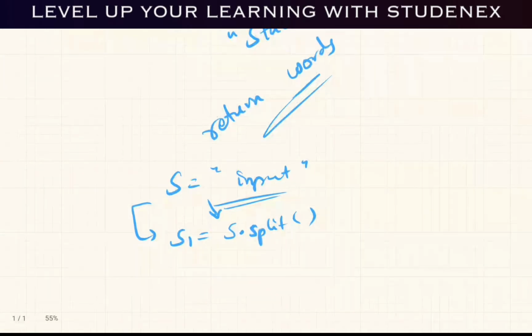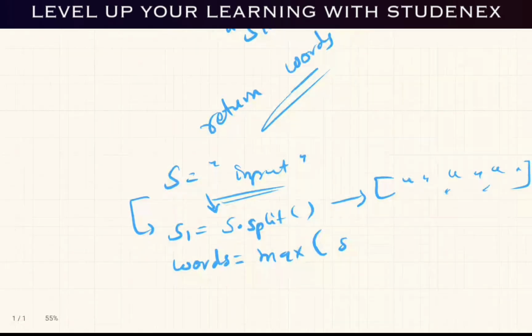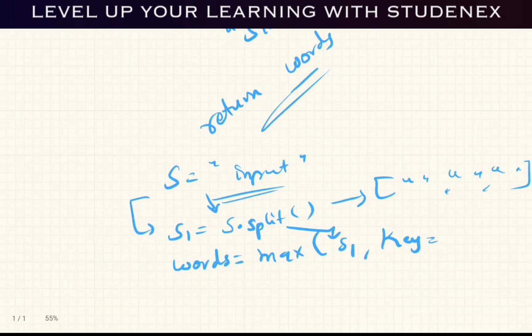After splitting, these values are stored in an array. Now we need to find the max value. So I take the words variable and find the maximum length in this array of strings, by the key statement which is length, and I just return words.